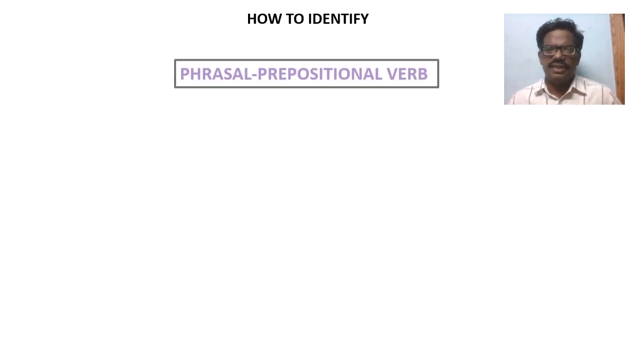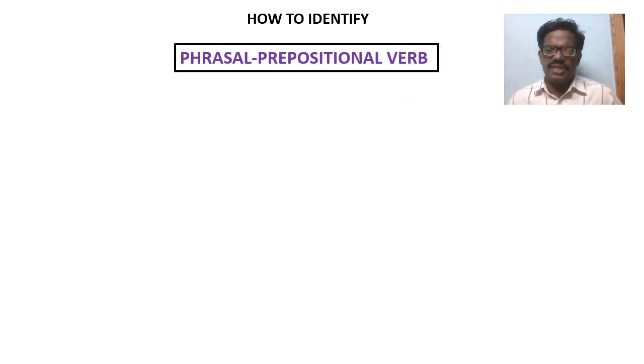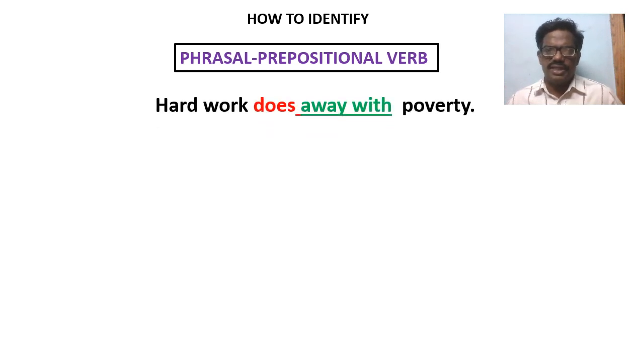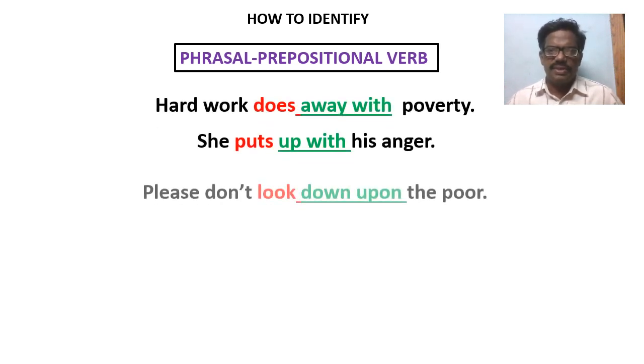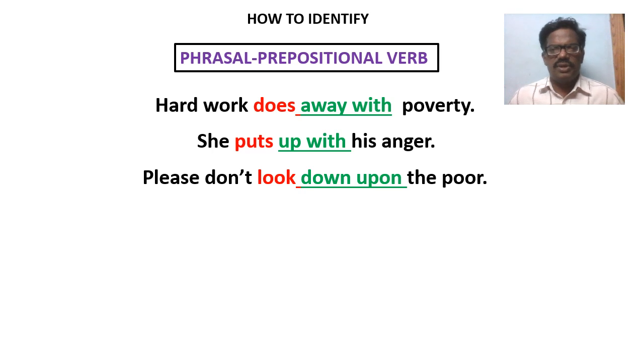Now let us try to identify the third form of multi-word verb, that is phrasal prepositional verb. Look at the examples. In these three examples, the multi-word verbs have two particles. In the first example, the multi-word verb has two particles, away and with.